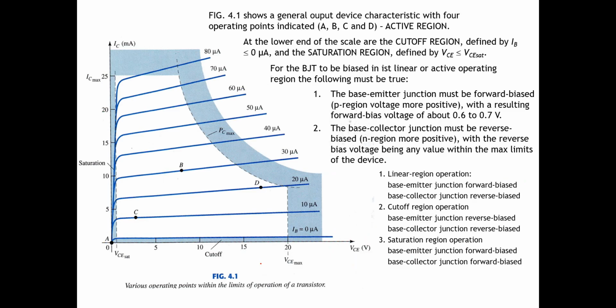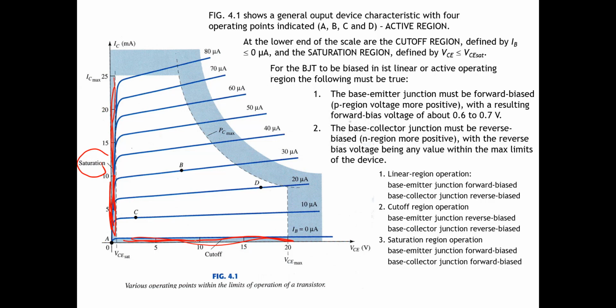Okay, so we have three regions here. This is the saturation region, the shaded area here, and then this is the cutoff region, and then the white region is the active region.